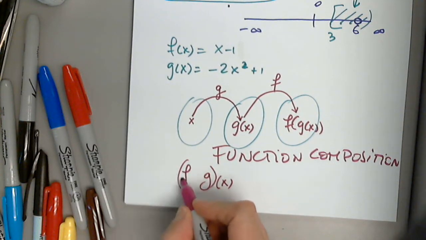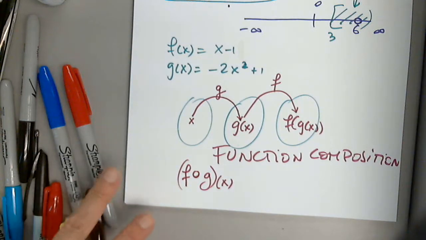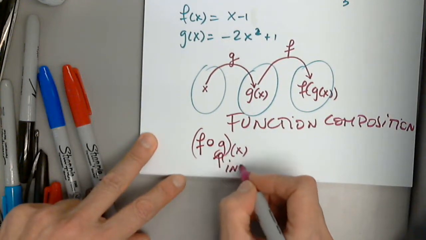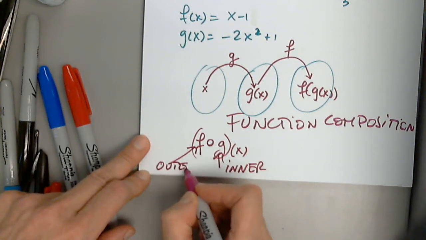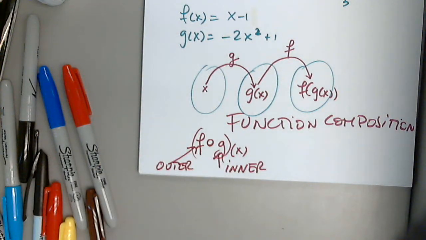Good. So it's f comp g. G is the inner function. F is the outer. Why is f the outer? Because first we choose to apply g to x. And then at the end, we applied f to g of x.